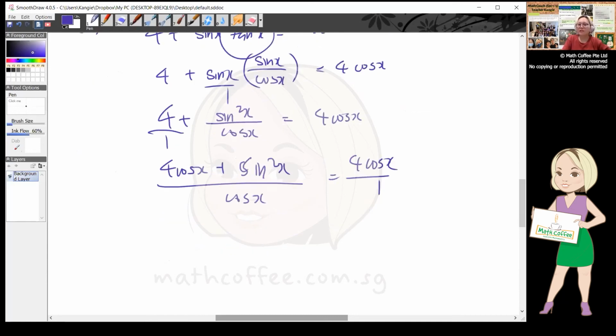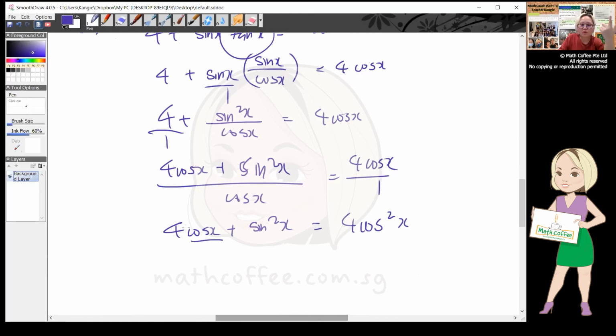So both sides single fraction, cross multiply. So it becomes 4 cosine x plus sine square x equals 4 cosine square x. A student asked whether I change to sine square x or cosine square x.